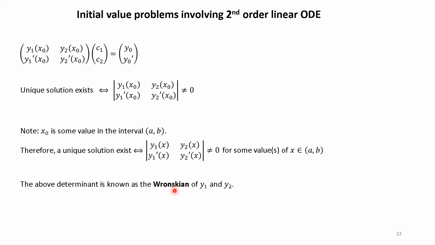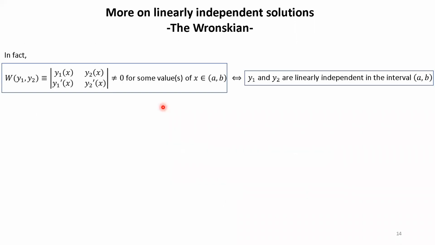So what does it tell us? Why do we need this? What I just said in the last slide is that if y1 and y2 are linearly independent in the interval, then this Wronskian will be non-zero for some values of x belonging to this interval.